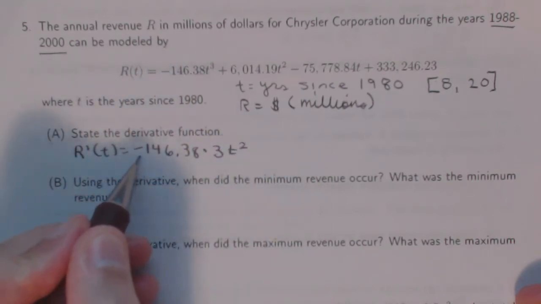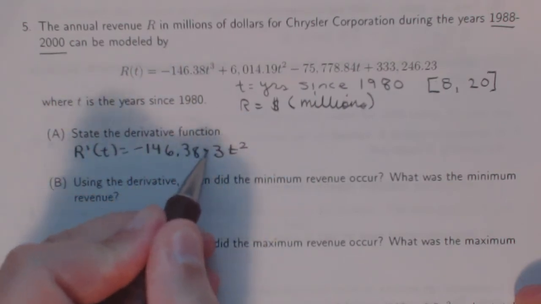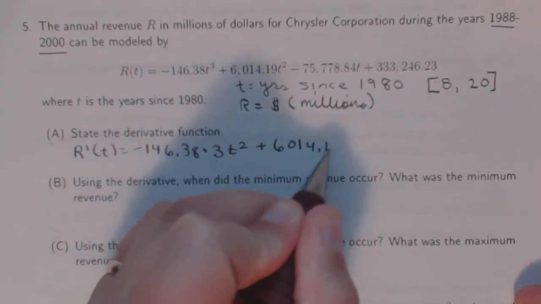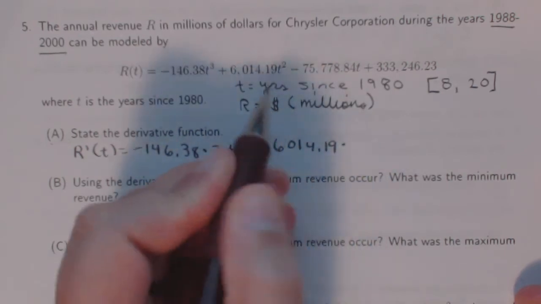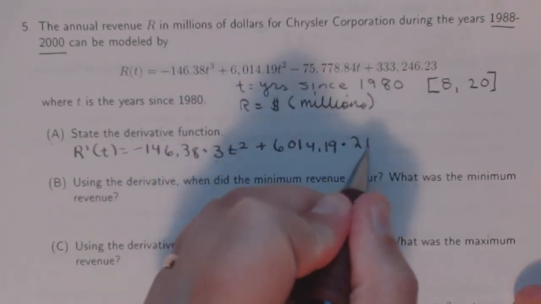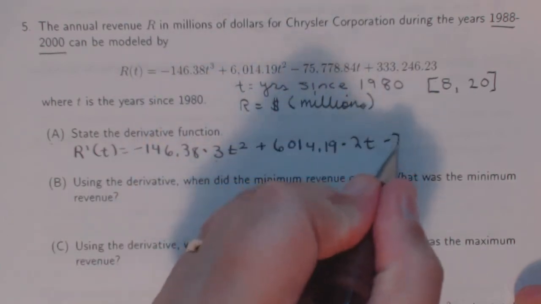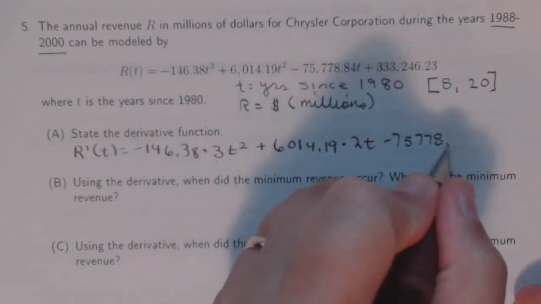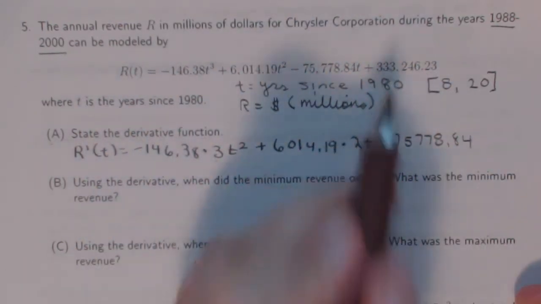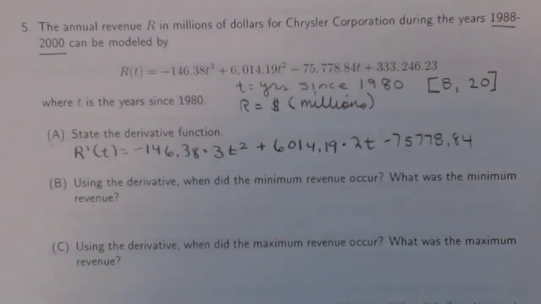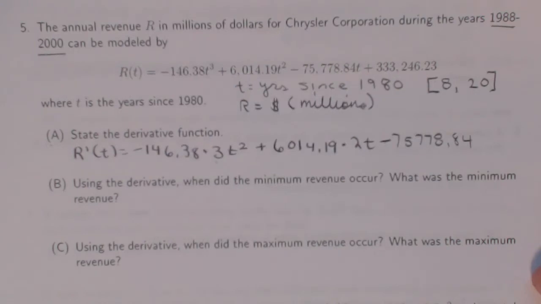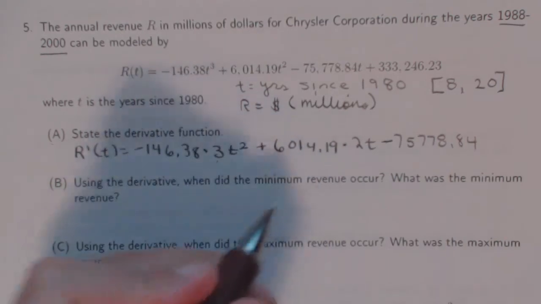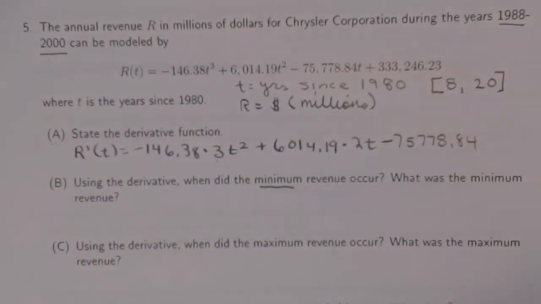So the constant comes down, negative 146.38 times 3t squared plus 6014.19, a constant, comes down times the derivative of t squared, which is 2t, minus 75,778.84, and then the derivative of the constant at the end is 0. So there is our revenue derivative. And then it says, question B, using the derivative, when did the minimum revenue occur? And what is the minimum revenue?